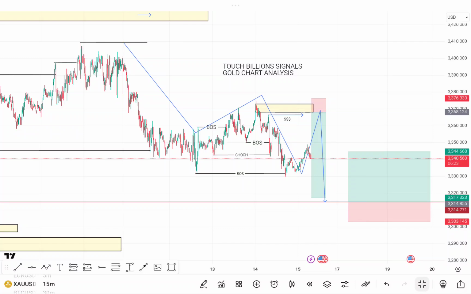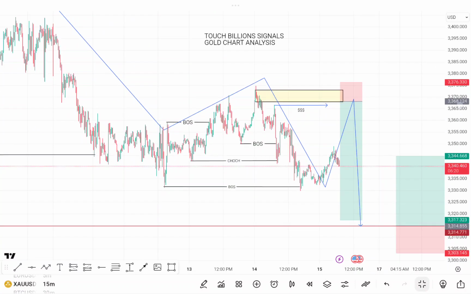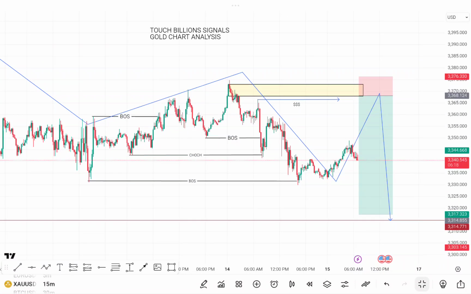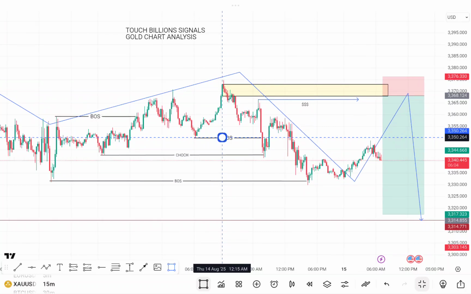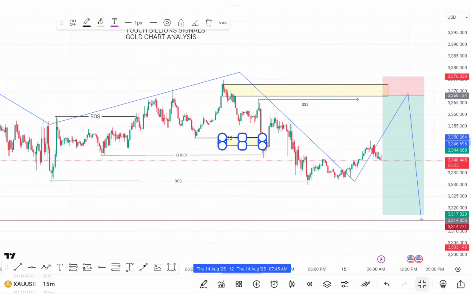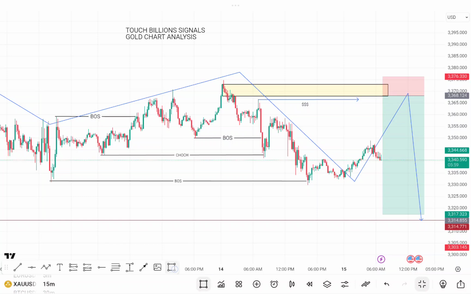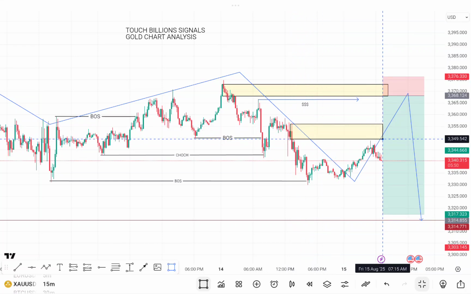Now, we're not saying that the market must get to that point. There are other key levels where the market can get to and experience some good amount of reaction.